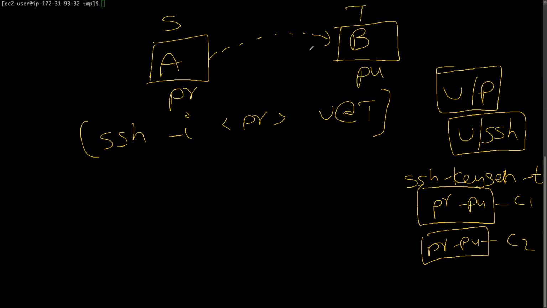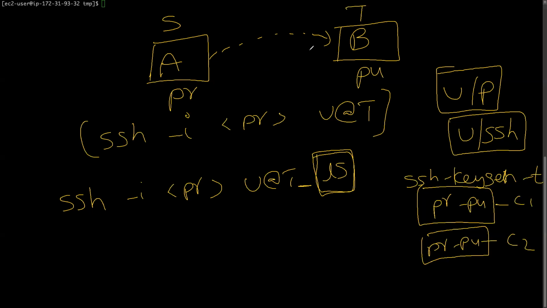Okay. If you want to just run a command remotely, then same ssh. First we need to log in, -i private key, user at target. Here give a space and run the command ls. So this ls command will now be executed on this box.